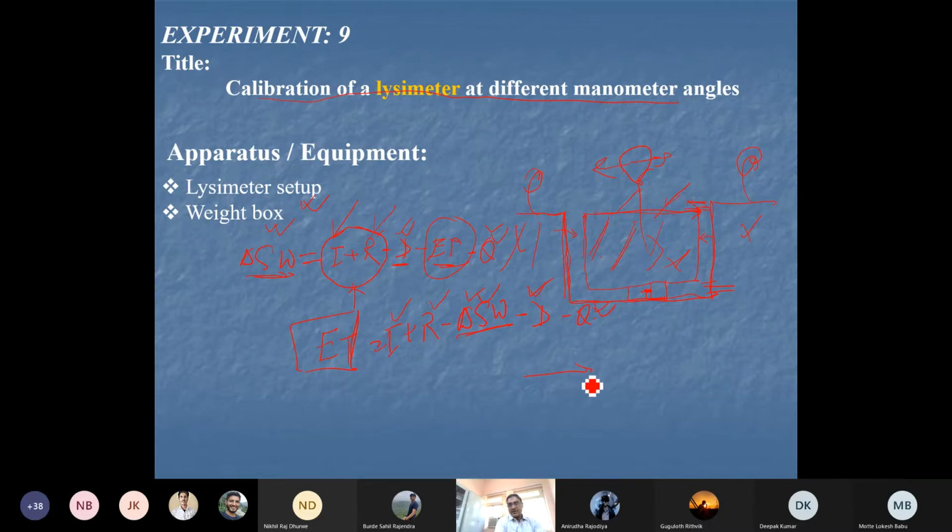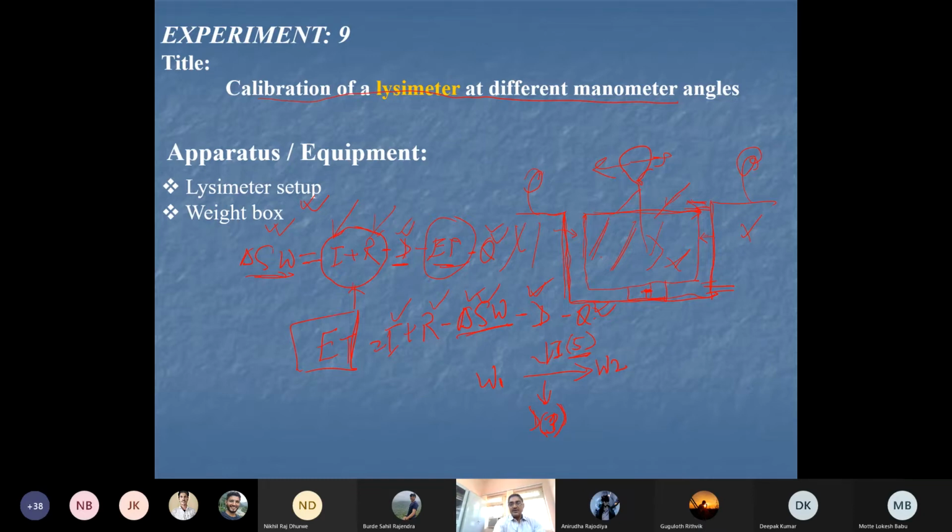there is a system, the initial weight was W1, and suppose we are adding as irrigation a simple amount, say 5 millimeter, 5 kg, let us take it in weight units, and it was W1. It has D as drainage, suppose it is say 3 mm or 3 kg, then the second weight is W2.